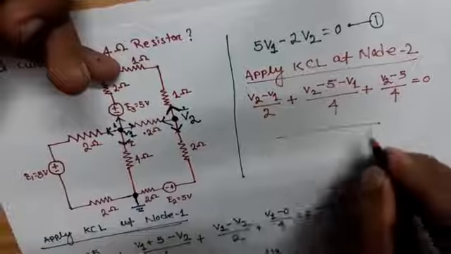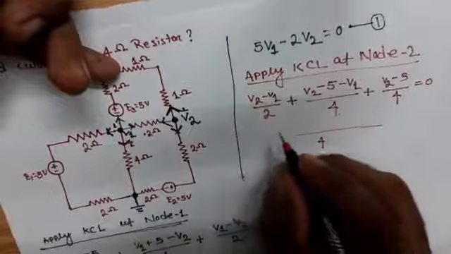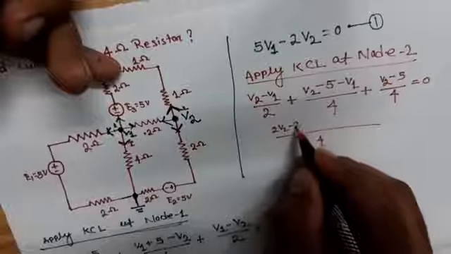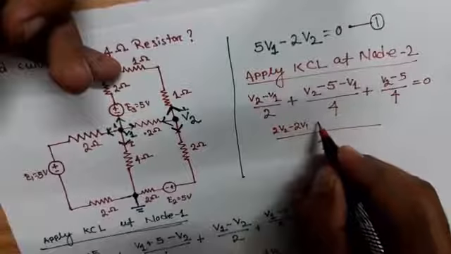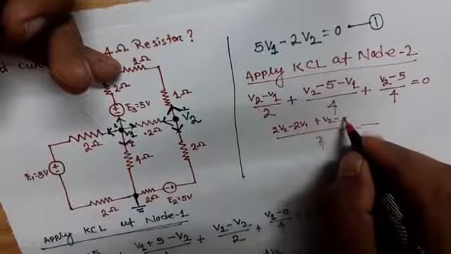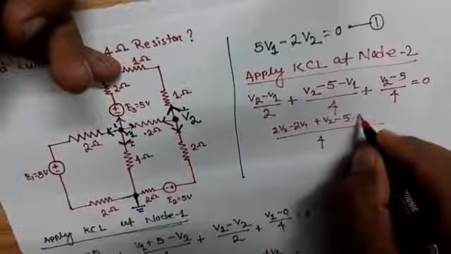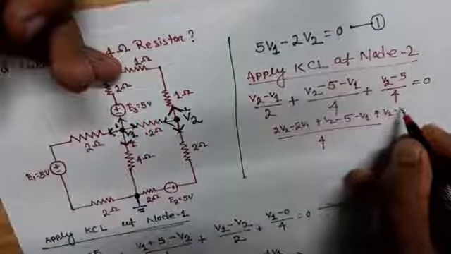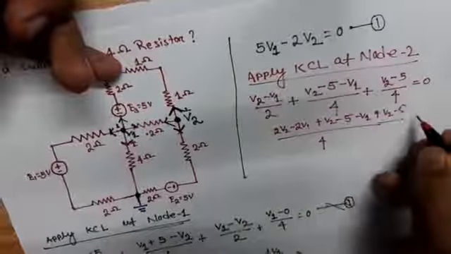After simplifying this is 2V2 minus 2V1, plus V2 minus 5, then minus V1, then plus V2 minus 5.